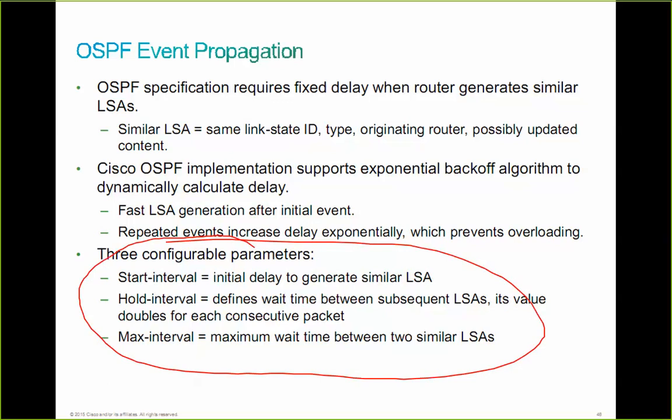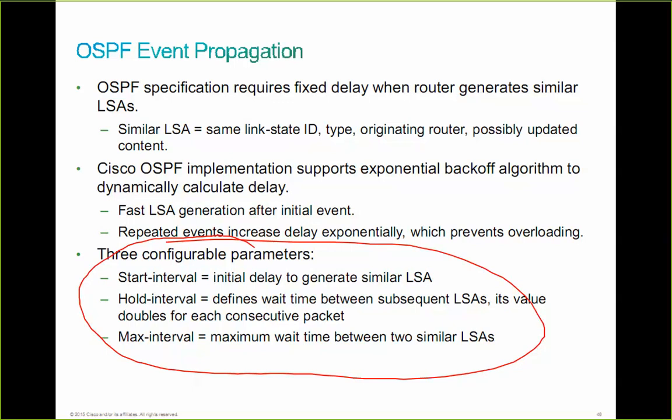All right? The start interval. This value defines the initial delay that's used to generate the LSA. And remember, that is a variable value, right? Before it was always 1 second, but because of the backoff algorithm that's dynamically calculated, that delay changes depending on how many similar LSAs I've already sent.